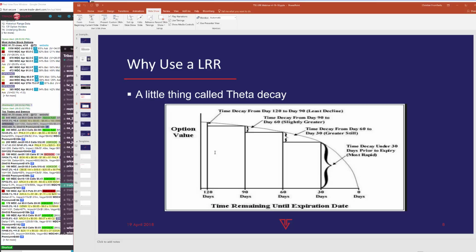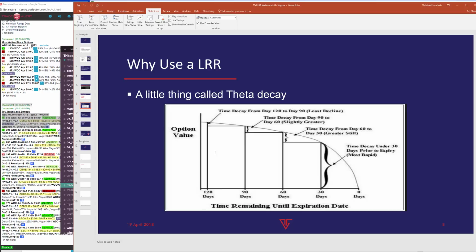But my other point is that the additional advantage is that if you were to just buy that 240 call in STZ for $2.50, your break even on expiration is 240, 250, right? It's $2.50 above the strike. Whereas in the limited risk reversal, you're in profits as soon as you're above 240.